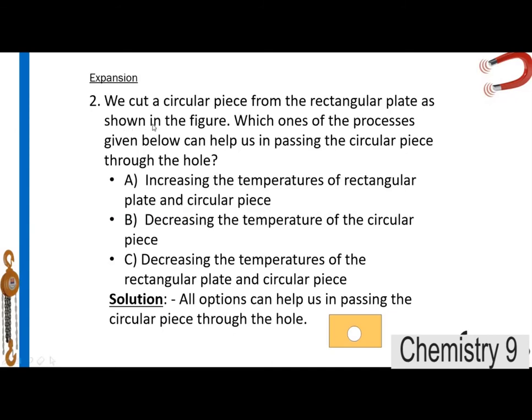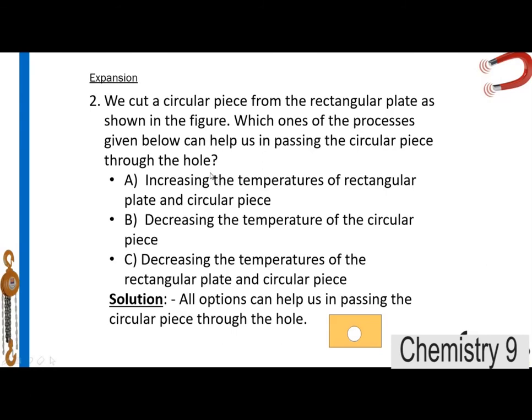Let's suppose that we cut out a circular piece from a rectangular plate as shown in this diagram here. So in the middle of this rectangular piece, we have managed to cut out a perfect circle from that particular piece. Now, which one of the processes given below can help us in passing the circular piece that we've just cut out through the hole?